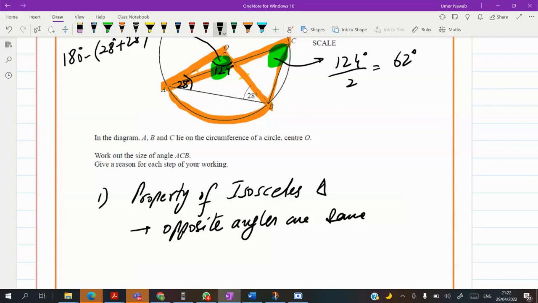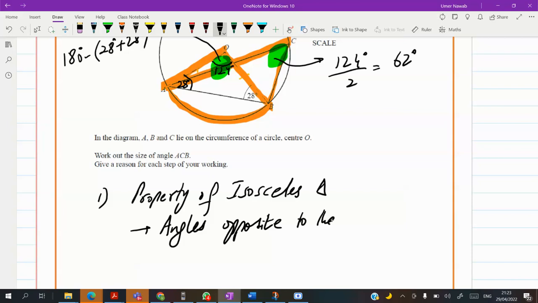You can write it, or you can also write here: angles opposite to the same sides are also same.